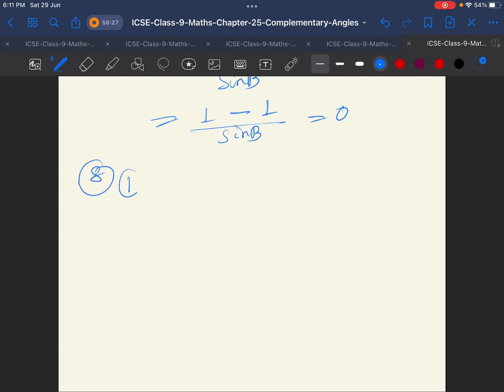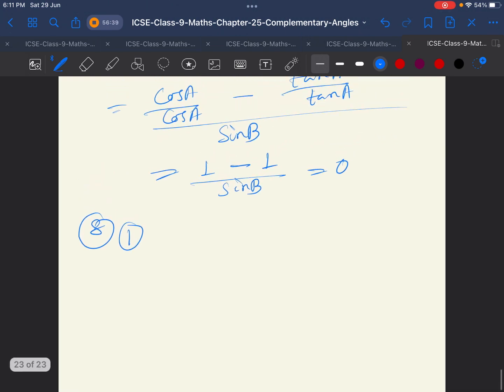Now question number 8. In each case given below, find the value of angle A, where angle A lies between 0 and 90 degree.